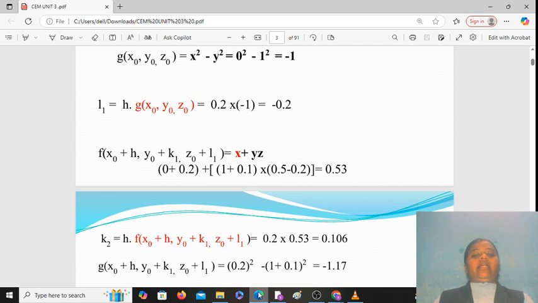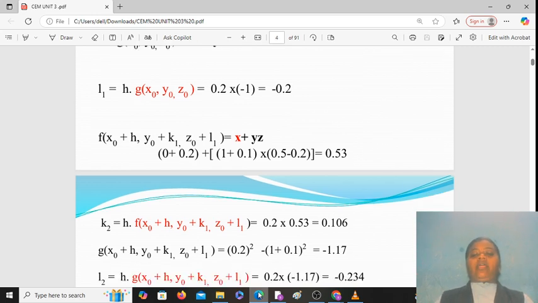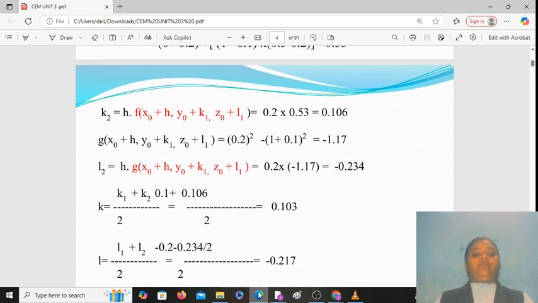Now we calculate f of x0 plus h, y0 plus k1 and z0 plus L1, which is equal to x plus yz, that is 0 plus 0.2, plus 1 plus 0.1 into 0.5 minus 0.2 bracket complete, which is equal to 0.53.